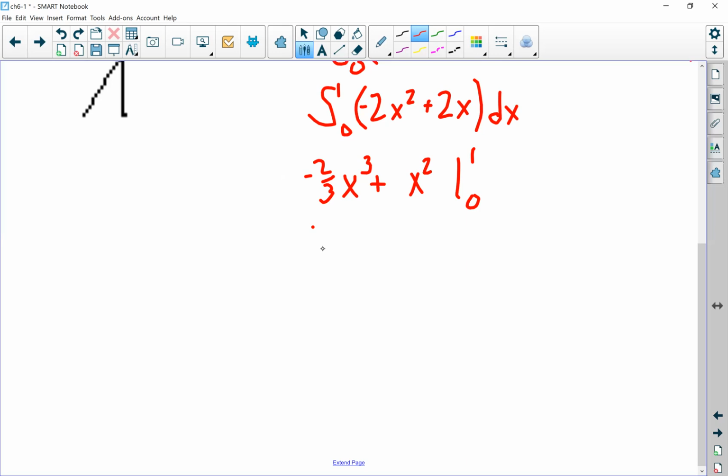If I plug in 1, and plug in 0, I like integrals of polynomials when I have 0 as one of my limits. Makes things a lot easier.